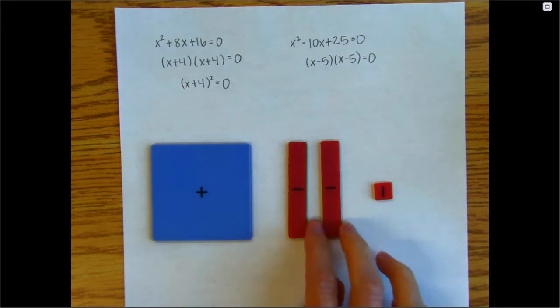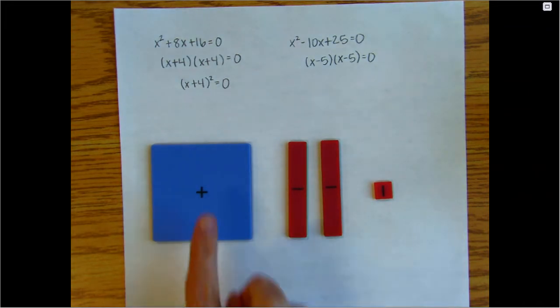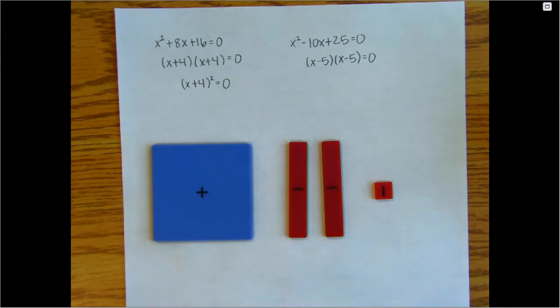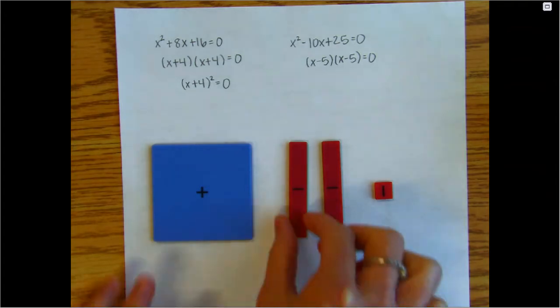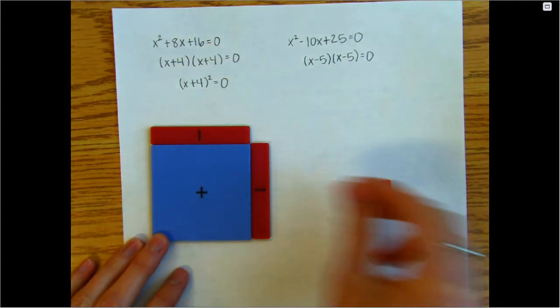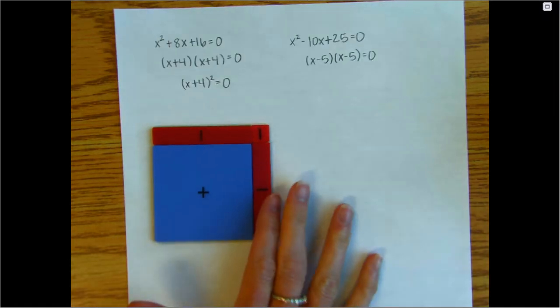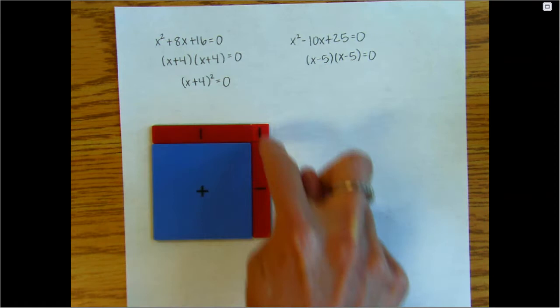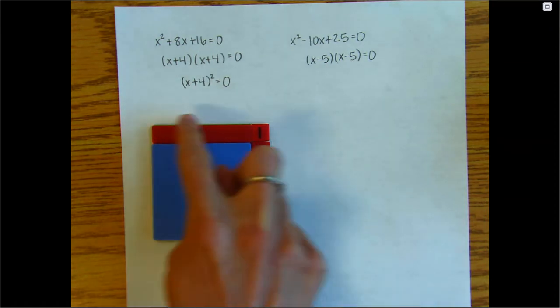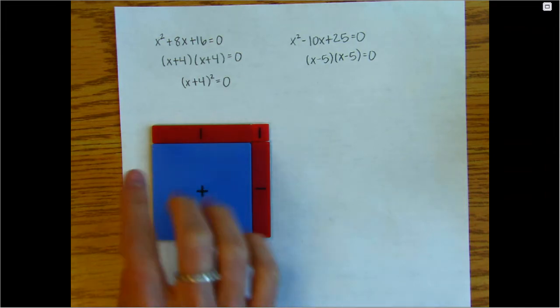Okay, so the reason this is called a perfect square trinomial is because I can take these 4 little pieces and create a perfect square by taking this piece up here, adding it to the side, and then that piece in the corner. And I've created a square because every length of each side is the same.